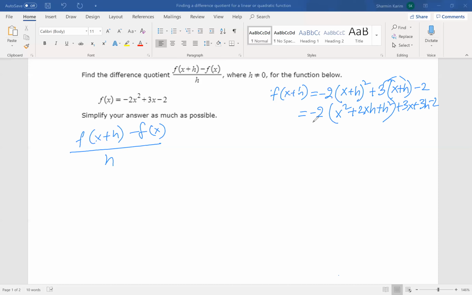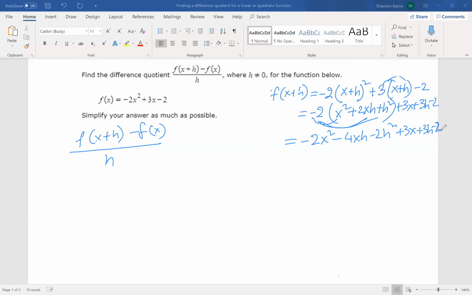Then if I distribute the negative to each of this, finally for f of x plus h, I get for this function negative 2x squared minus 4xh minus 2h squared plus 3x plus 3h minus 2.